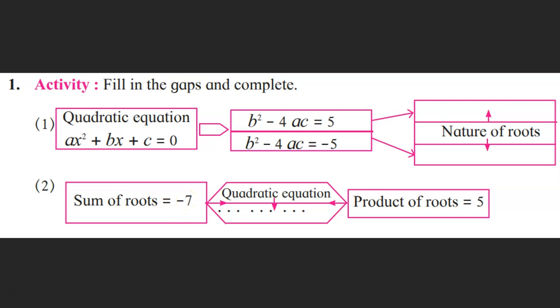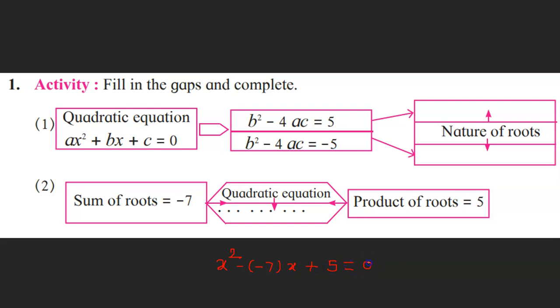Now we will form the quadratic equation. Okay, now see this. We will form the quadratic equation here. What is that quadratic equation? If x is the variable, then x square minus (sum)x plus 5 is equal to 0, that is x square minus 7x plus 5.